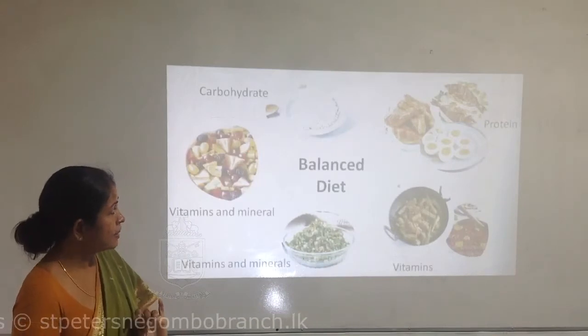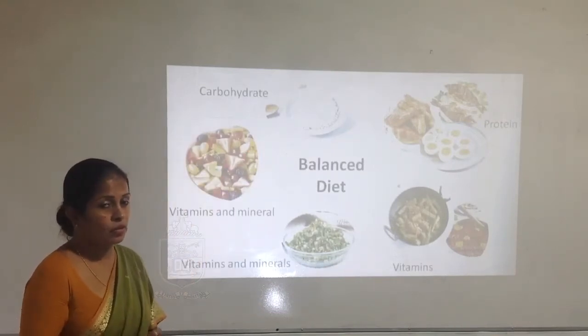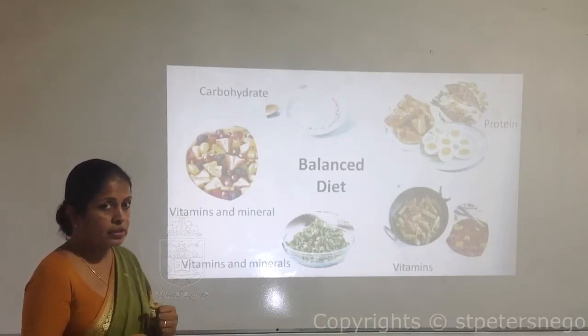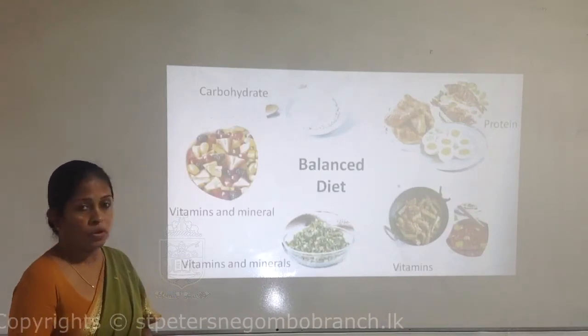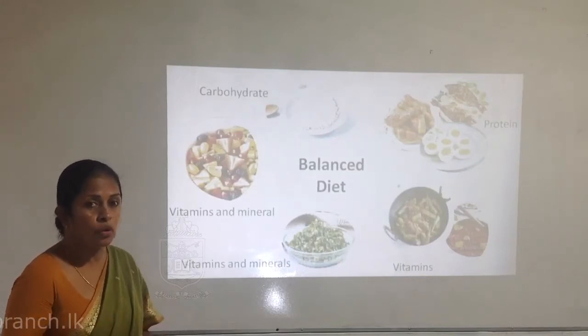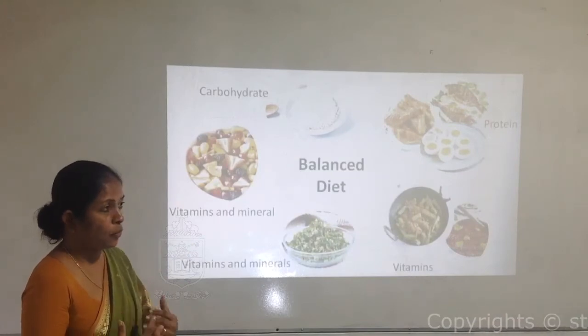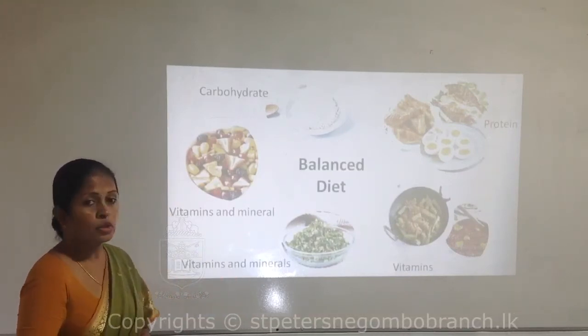And the next is carbohydrate. Carbohydrates you also need to make your body grow. And proteins give energy to build up your body, to do your work. You also get vitamins from the vegetables.